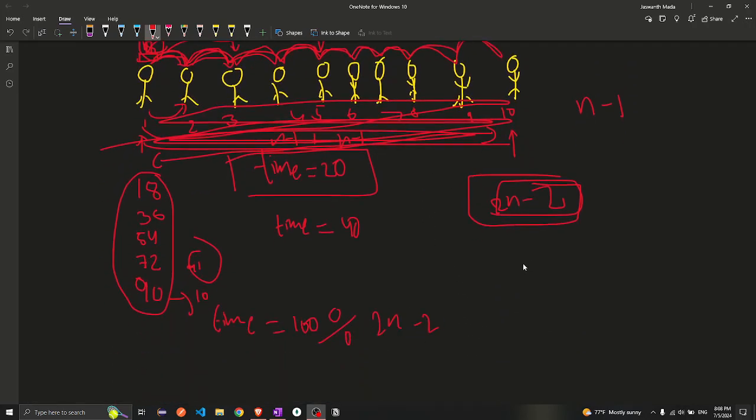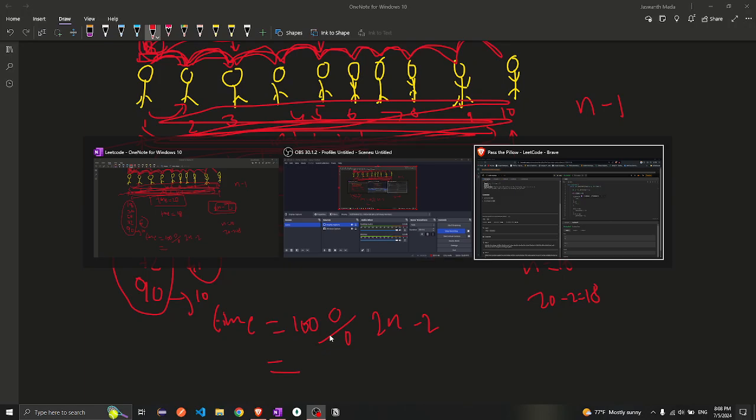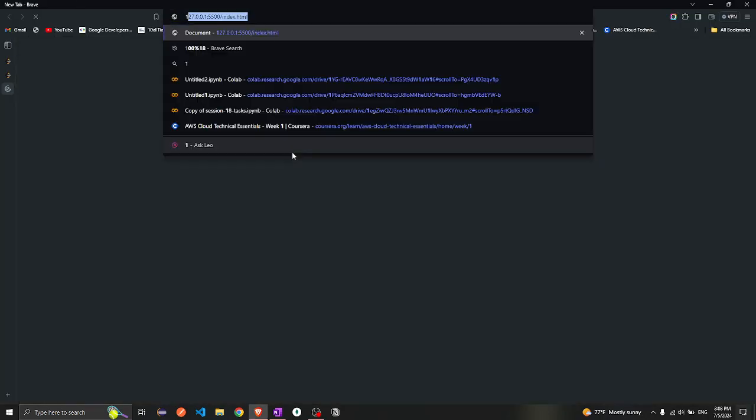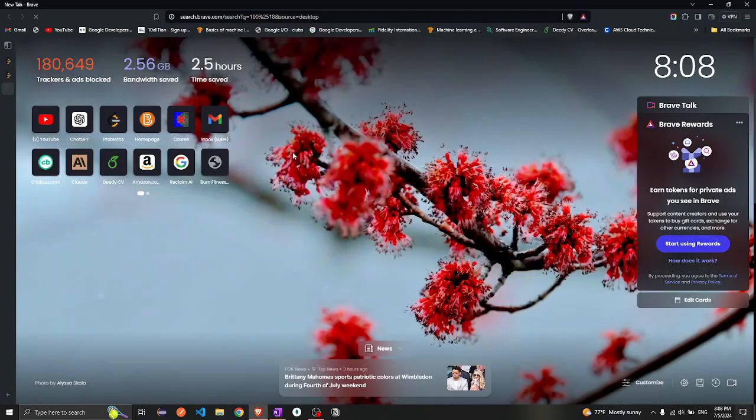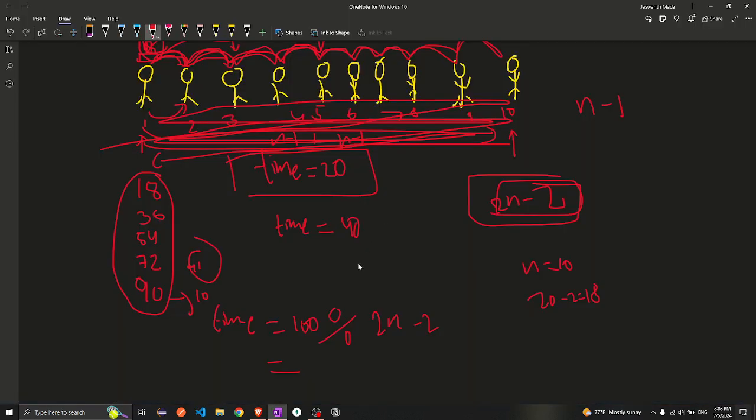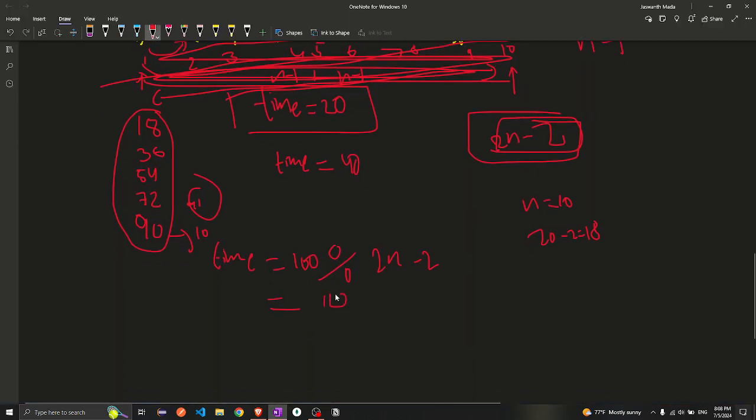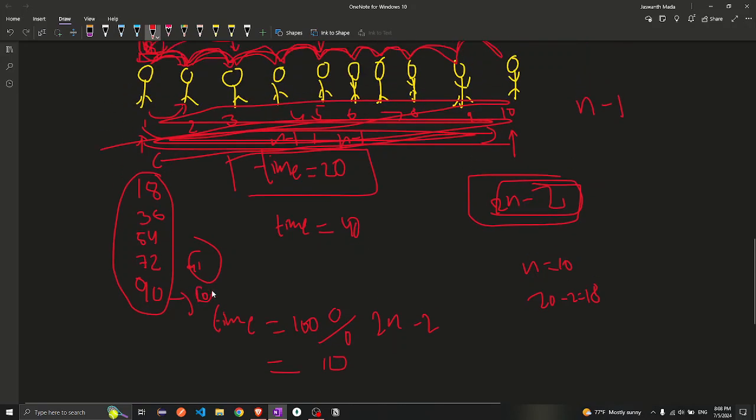If you observe carefully, n is nothing but 10. 2 into 10 is 20. 20 minus 2 is 18. So 100 mod 18 is 10, right? So we got 10, which is equal to this one.